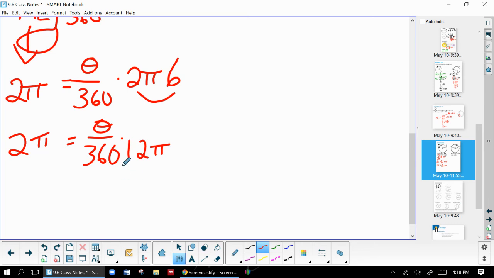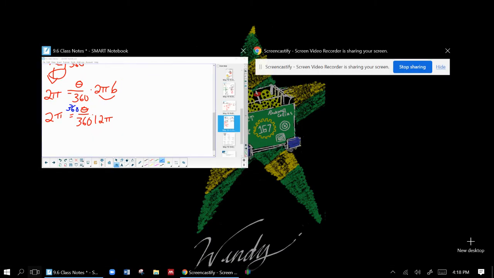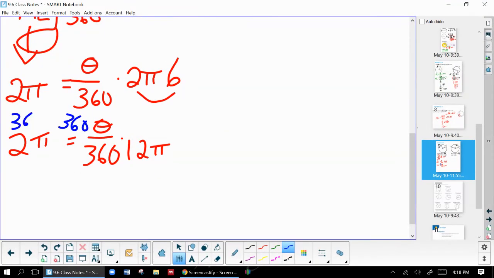That is going to get me into some trouble if I try to start simplifying that too much. At least it might not be the easiest way to go. One other option would be to take care of one of these things at a time. This theta is being divided by 360, so one option is just to multiply by 360 on both sides. It'll cancel out there and leave me theta times 12 pi.